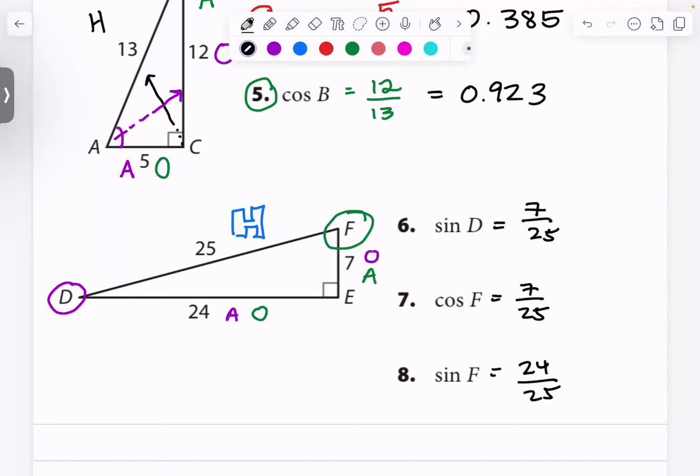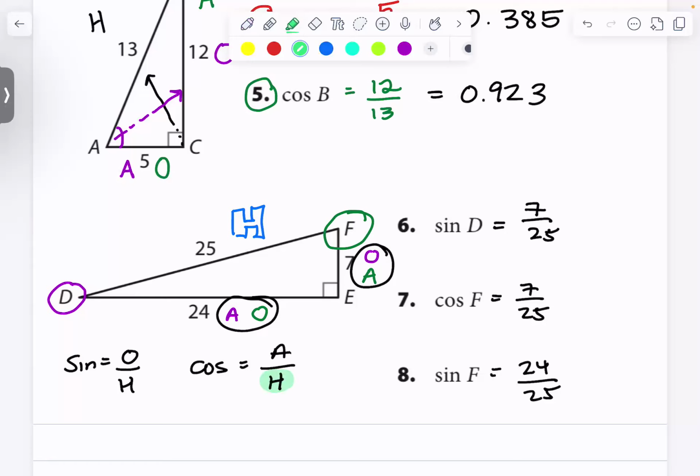So those two flip, adjacent and opposite. And remember what the sine and cosine ratios equal. Sine is equal to opposite over hypotenuse, and cosine is equal to adjacent over hypotenuse. The hypotenuse for both is the same number, and the only thing that changes between them is the swapping of opposite and adjacent.